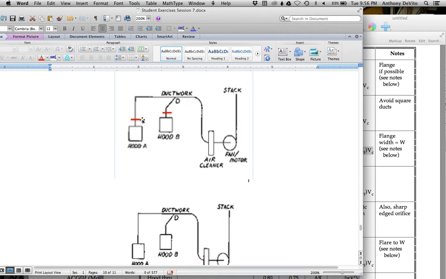And in order to get the capture velocity that you want, instead of sizing the ductwork in a way that makes up for all of the losses exactly, to get the capture velocity you need at the hood, what you do is you oversize the fan so you get more than enough suction for all of your hoods, and then you balance them with a damper.